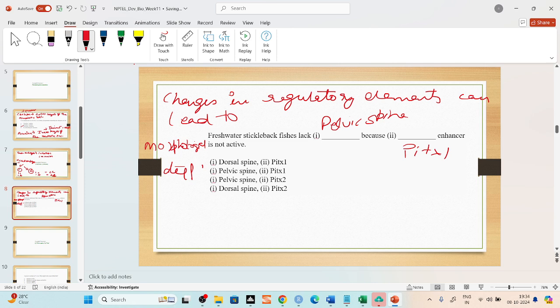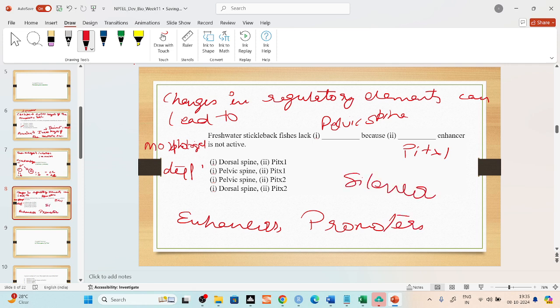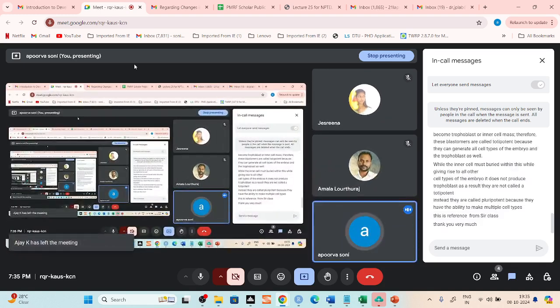And the regulatory elements that we're talking about here are enhancers. We have promoters also. We have silencers also. These are all your gene regulatory elements which regulate the expression of the genes, which helps in the differential expression of the genes. So I hope this point is clear.